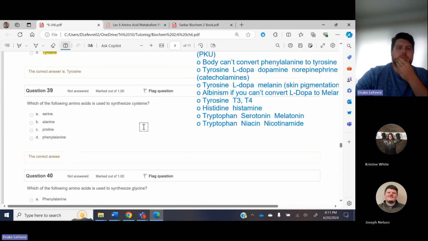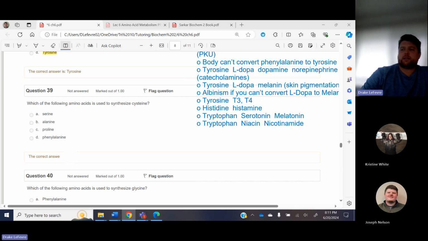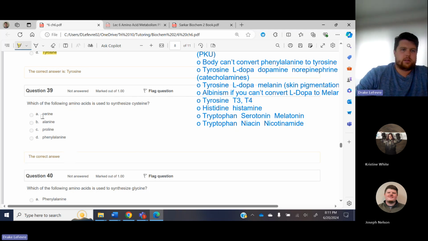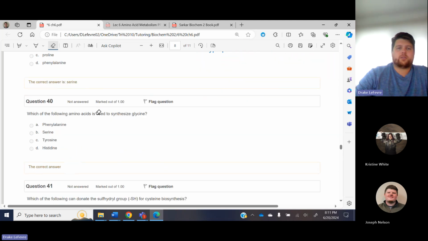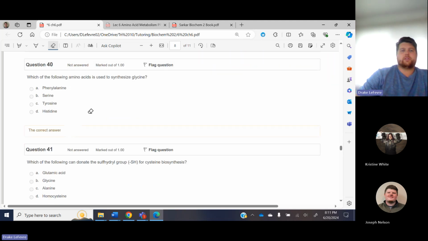Okay, which of the following amino acids is used to synthesize cysteine? This one's going to be serine. Again, just make a chart, go through this, turns to this, turns to this. Which of the following amino acids is used to synthesize glycine? Serine goes to glycine.